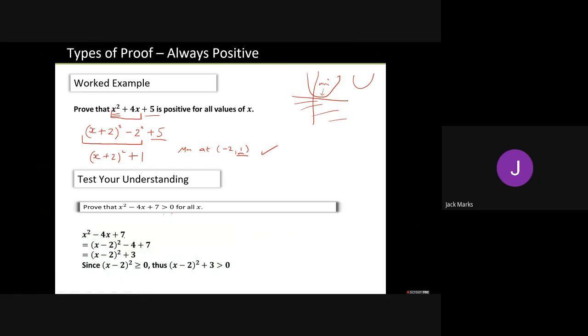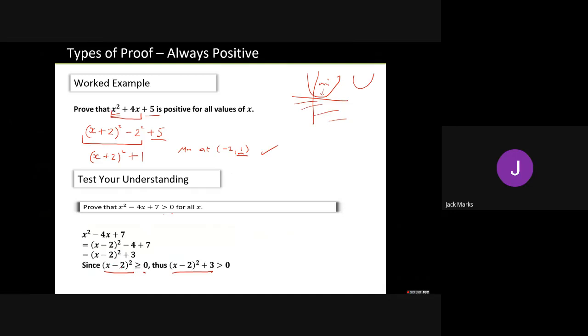Okay, so in other words, you were being asked to do exactly the same thing. Because the squared element is always greater than 0, we know that the expression is always greater than 0. Well, I suppose it's always greater than or equal.